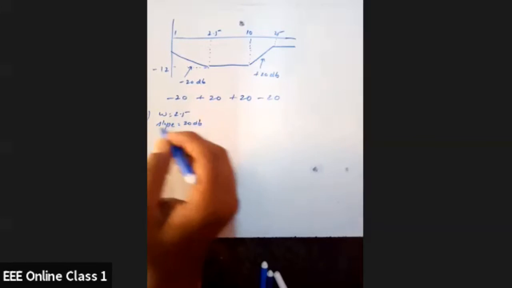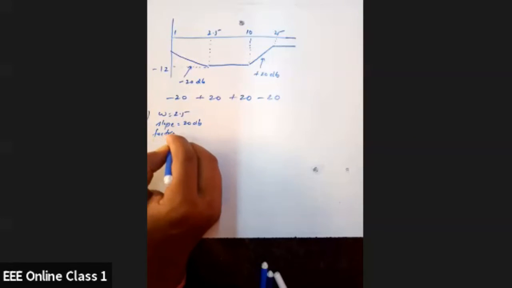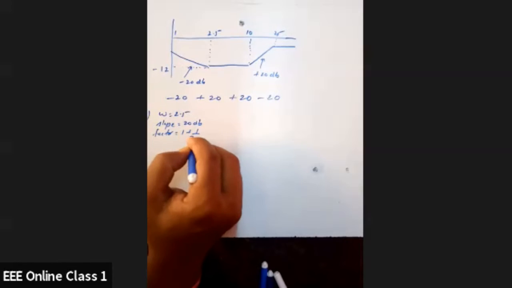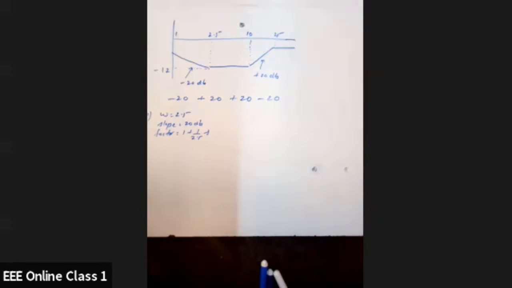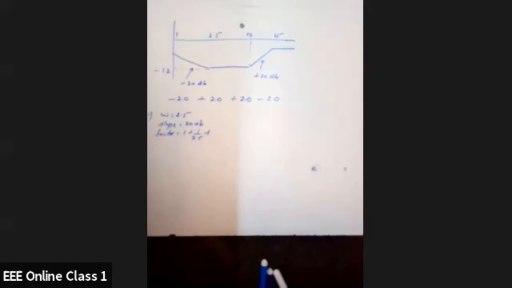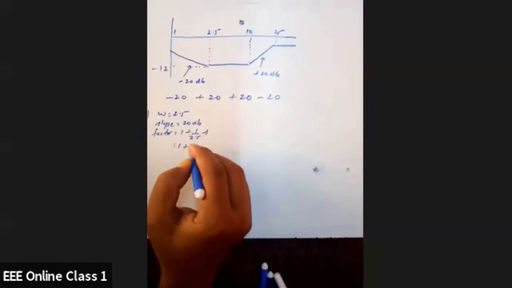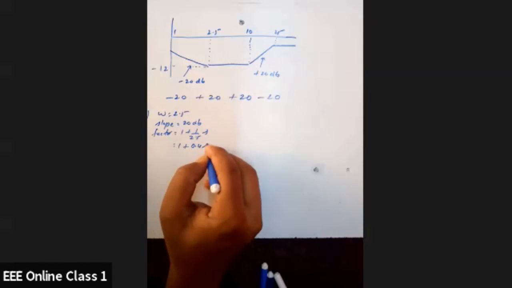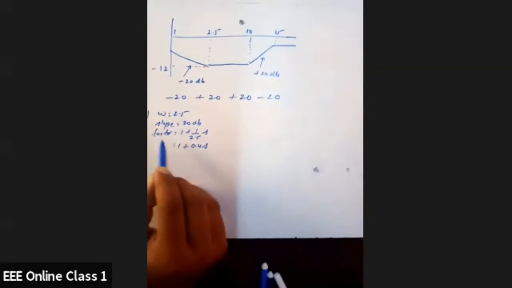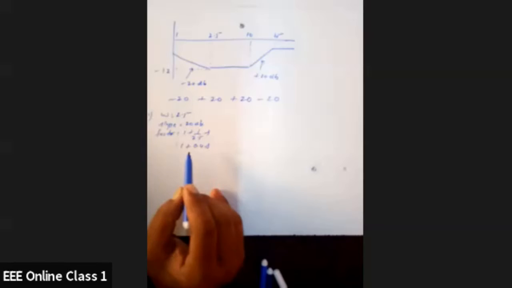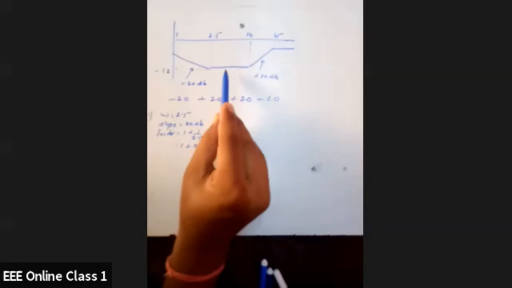So our factor is 1 plus 1 by 2.5 s. So this becomes 1 plus 0.4 s. So this is the factor for your second slope.